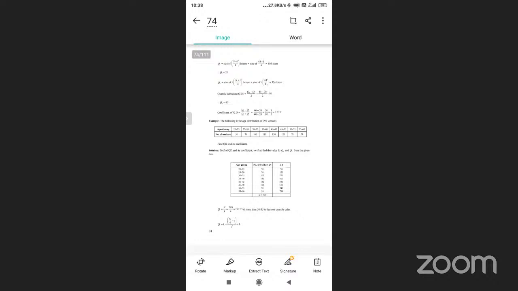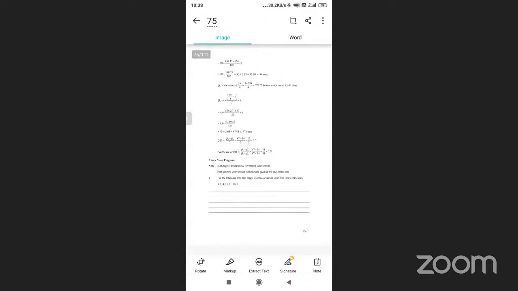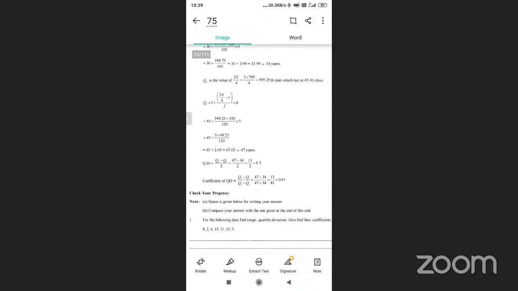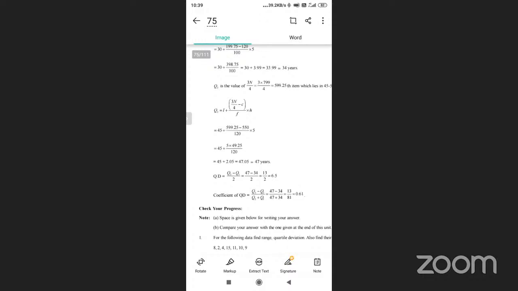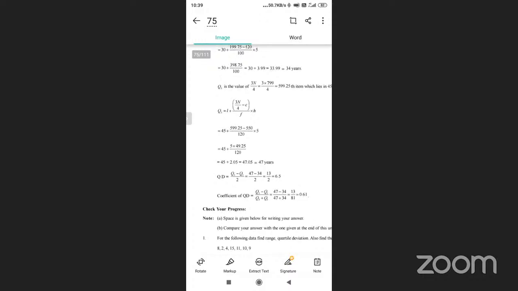Now substitute the values and simplify. You should get Q1 is equal to 33.99, that is nothing but 34. That is 34 years. Take the approximation.